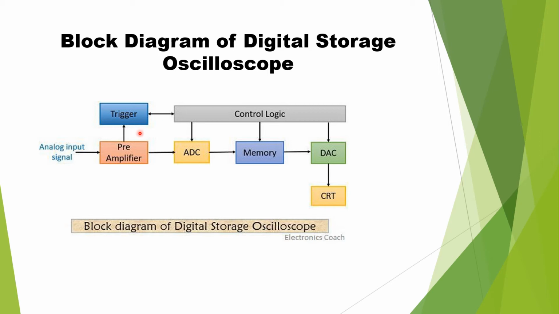The output of the preamplifier is sampled by the ADC at regular intervals. The digital output provided by the ADC is stored in the memory at consecutive locations. The recording of the signal continues until the memory is full. The DAC employed in the circuit produces the analog signal to be displayed on the CRT.